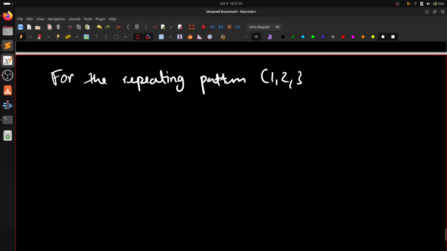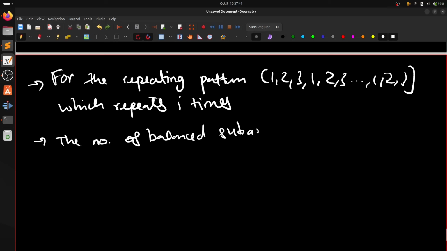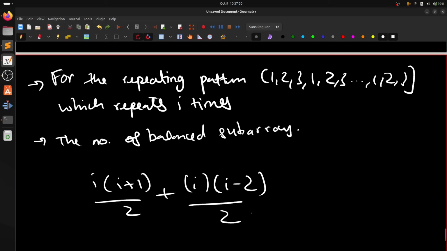So for the repeating pattern 1, 2, 3, 1, 2, 3, and so on, which repeats I times, the number of balanced subarrays is equal to I times I plus 1 by 2, plus I times I minus 1 by 2, plus I times I minus 1 by 2.